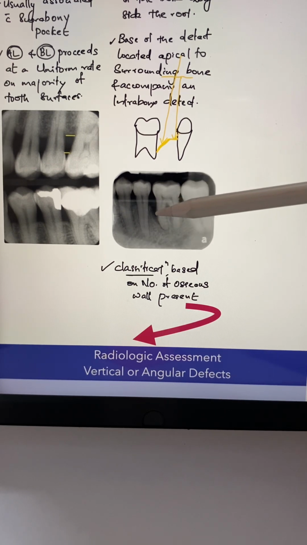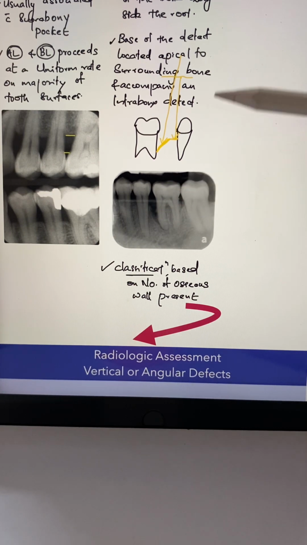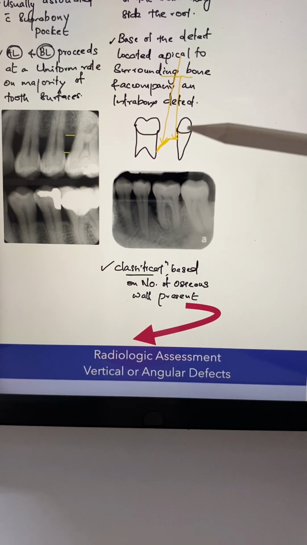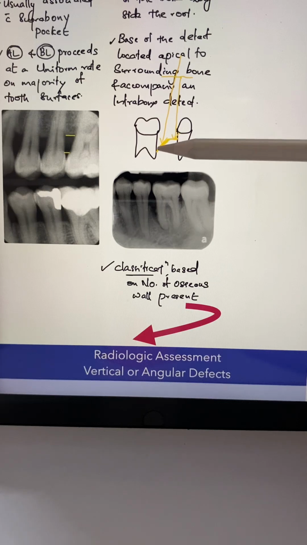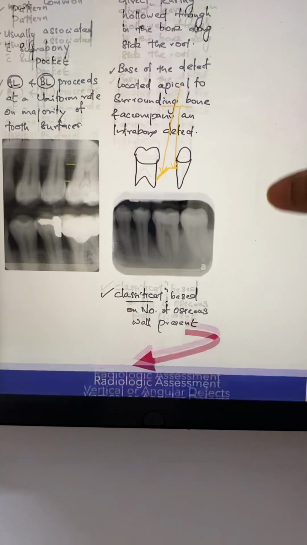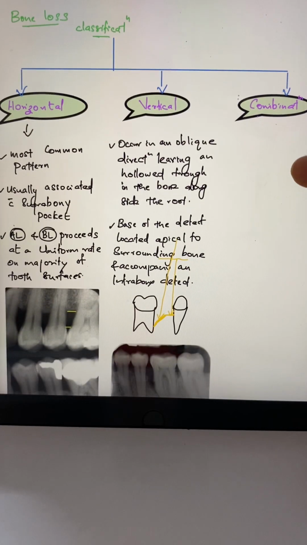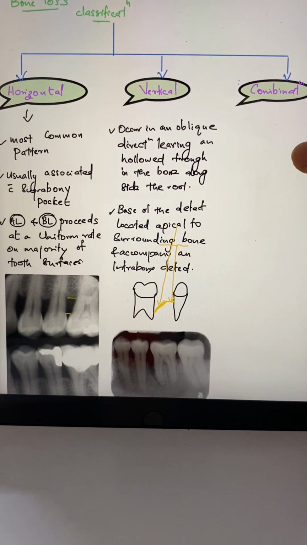The base of the defect is located apical to the surrounding bone and accompanies an infrabony defect. See, this is the base of the defect, located apical to the surrounding bone, and this kind of bone loss is usually seen in infrabony pockets.